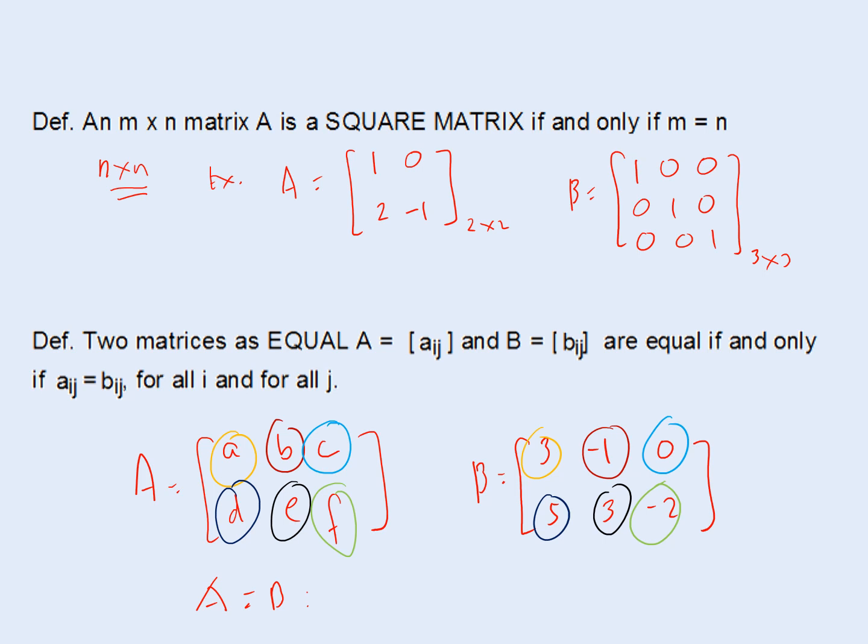So A is equal to B if and only if a is 3, b is -1, c is 0, d is 5, e is equal to 3, and f is equal to -2.